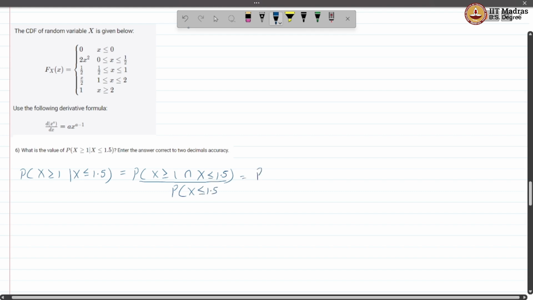So this is equal to probability that x is greater than equal to 1 and less than equal to 1.5 divided by probability that x is less than equal to 1.5.